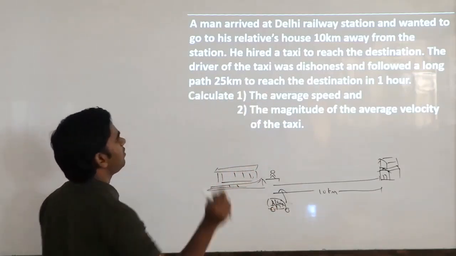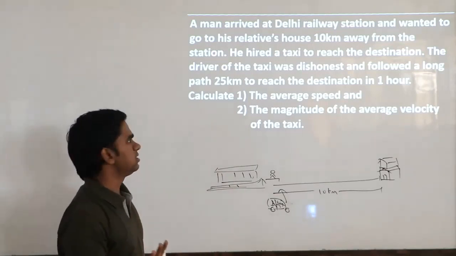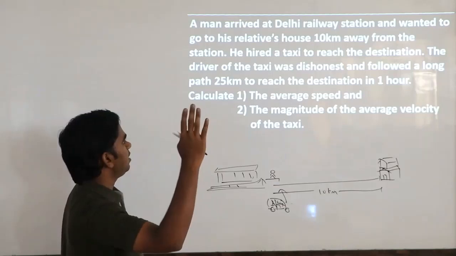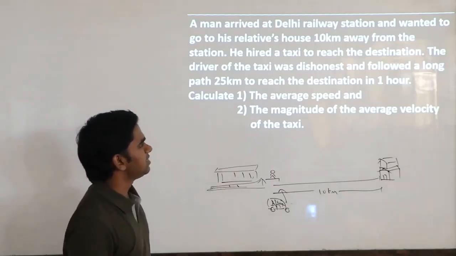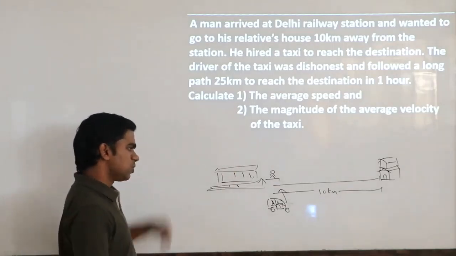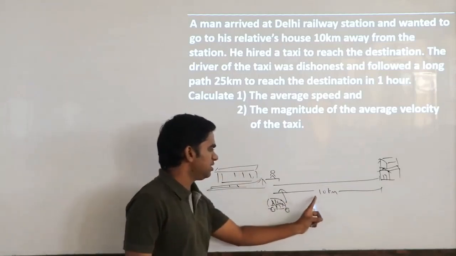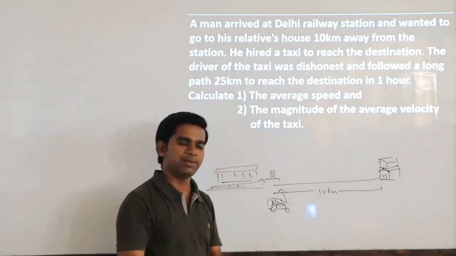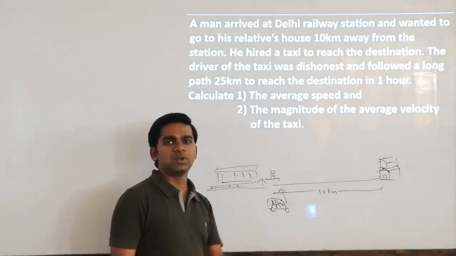The driver of the taxi was dishonest and followed a long path of 25 kilometers to reach the destination in 1 hour. So actually what has happened, it is 10 kilometers, he wants to go to his relative's house, he hired a taxi driver, but the taxi driver was not good.